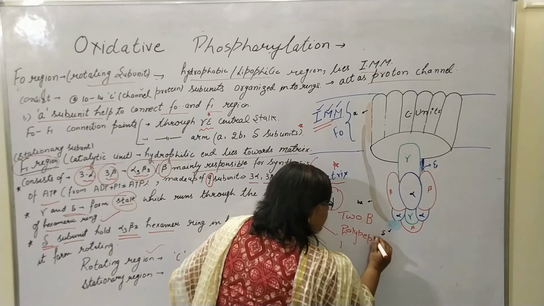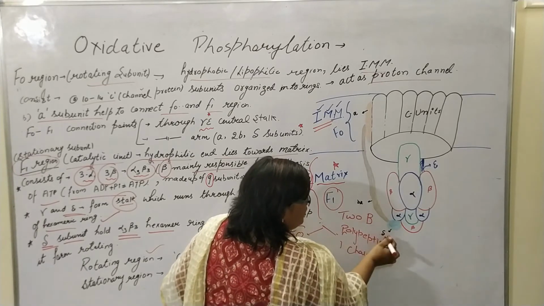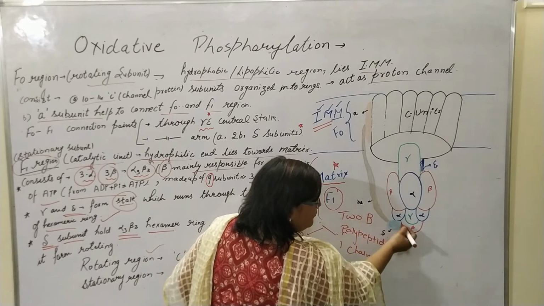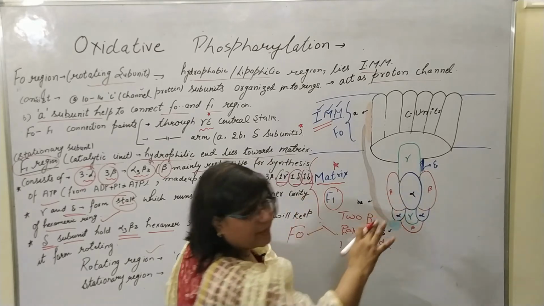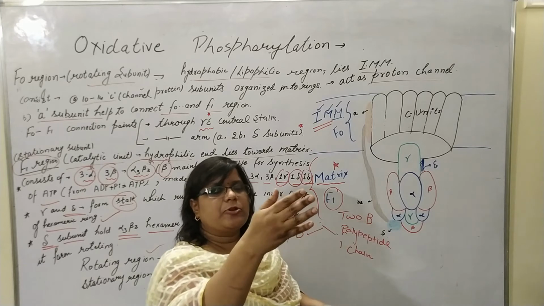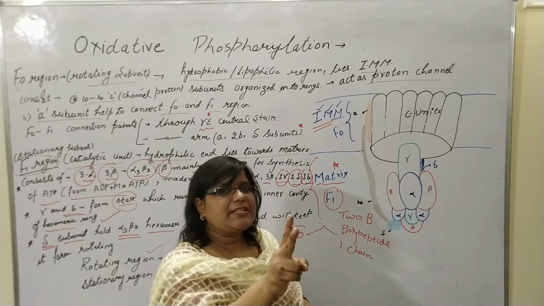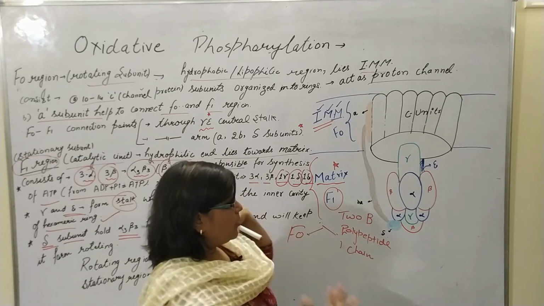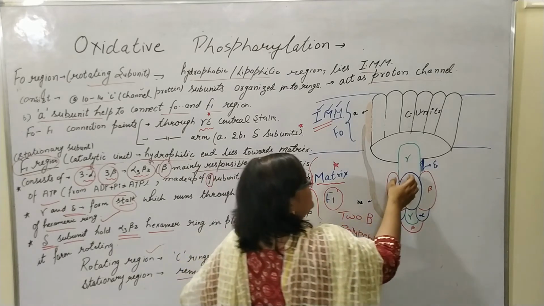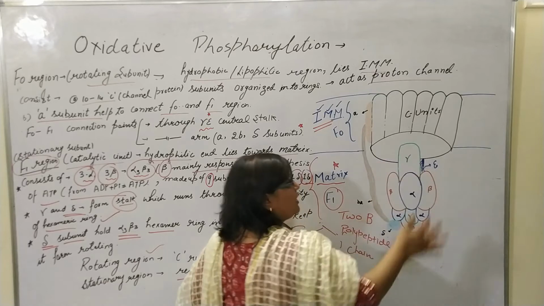The 2B polypeptide chains are associated with the delta, and delta is associated with the hexamer ring. So in the F0 region, the C units are associated with A, which is associated with the 2B subunits, then delta, then the hexamer ring, and the hexamer ring is associated with the stalk. The stalk consists of gamma and epsilon, like this.